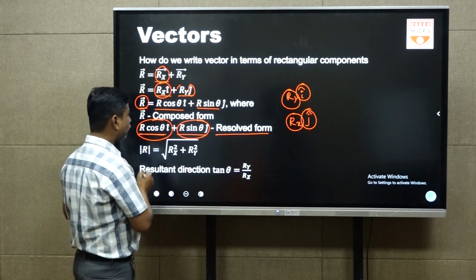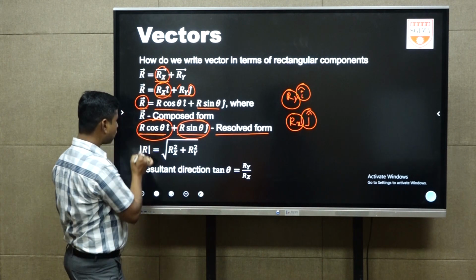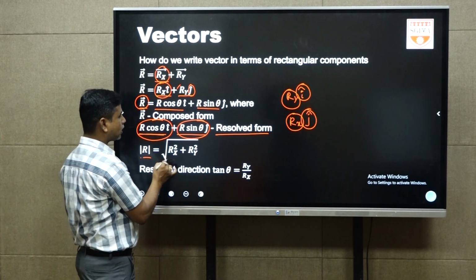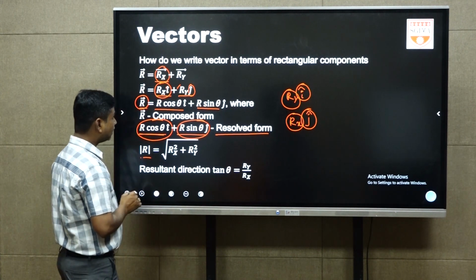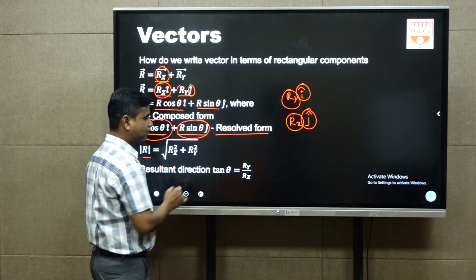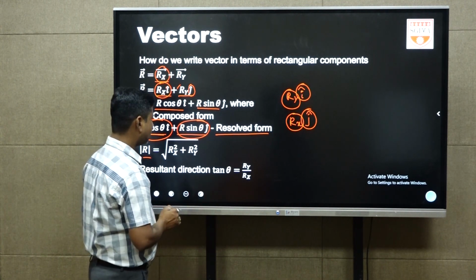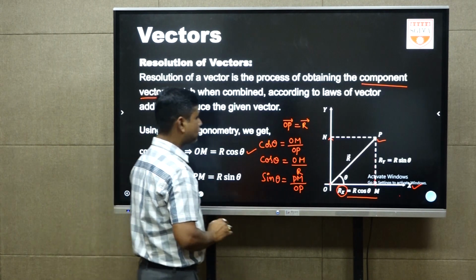From this, you can find the magnitude of the given vector. Here the modulus, the magnitude of R, equal to under root Rx square plus Ry square. Then the resultant direction can be taken as tan theta equal to Ry by Rx. How can we say that? Let's see this point, the resultant direction.